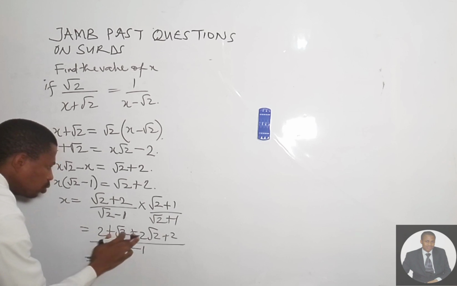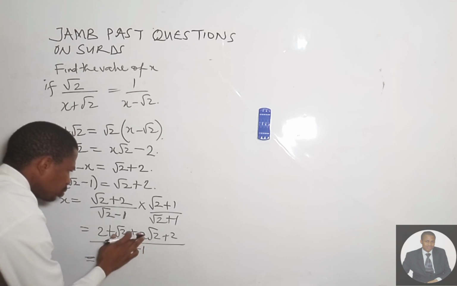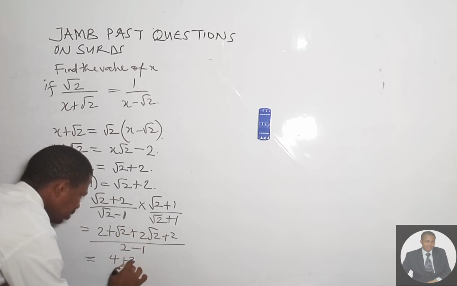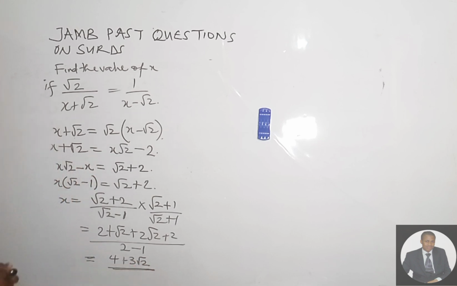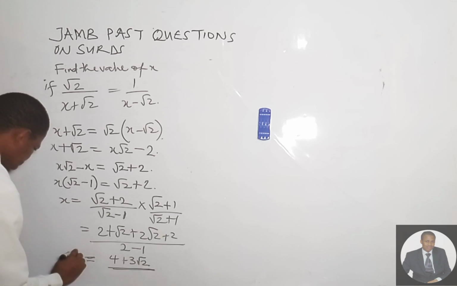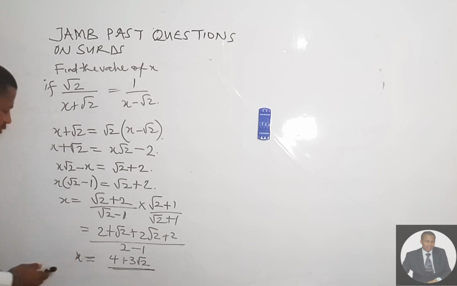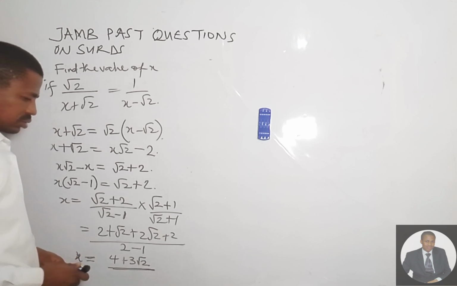Root 2 plus 2 root 2 will give us plus 3 root 2. This will become our answer, because 2 minus 1 is 1. So our final answer will be 4 plus 3 root 2. X becomes 4 plus 3 root 2.